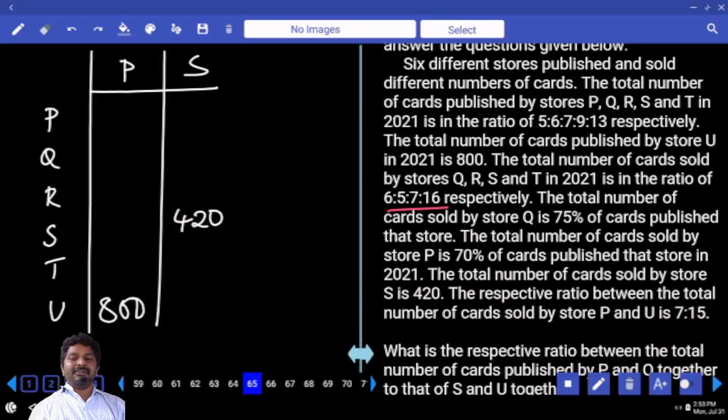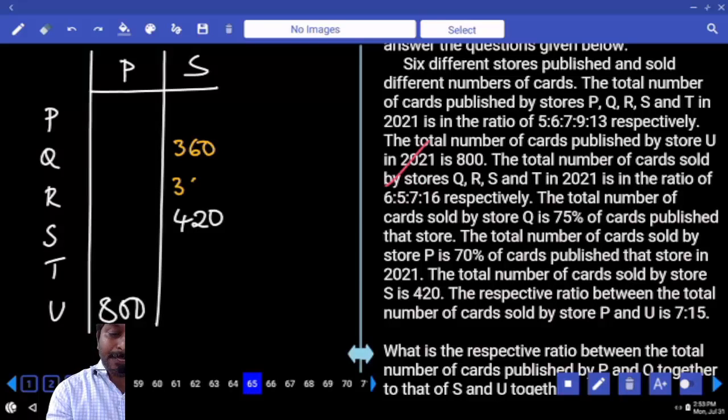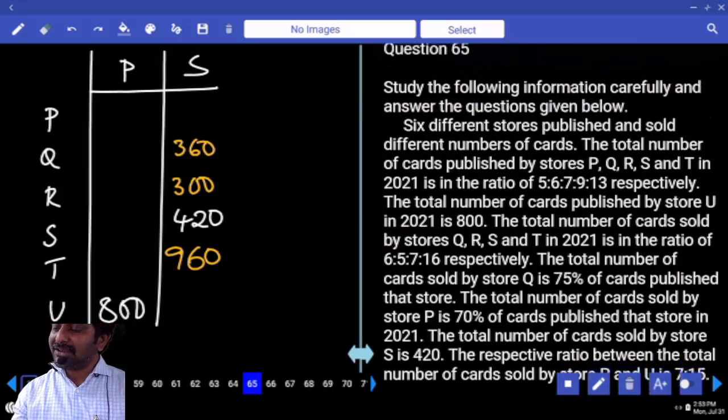That is the ratio between sold cards for QRST. Where S is which number? 7 parts, third number. 7 parts is 420, right? Each part is 60. 660s, 360, 560s, 300, 1660s, 960, right?